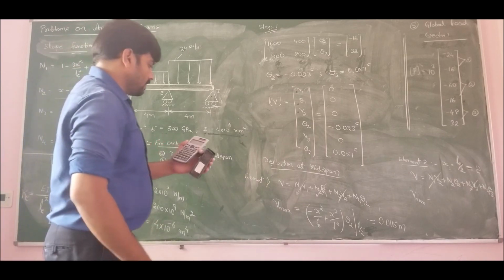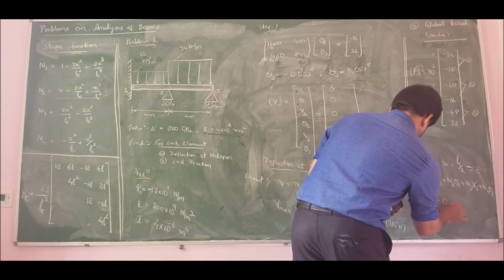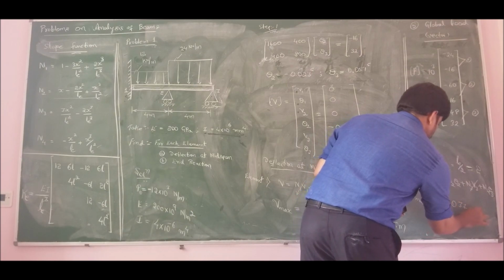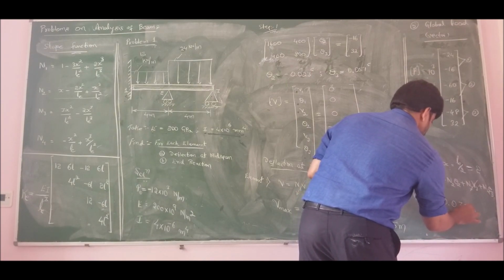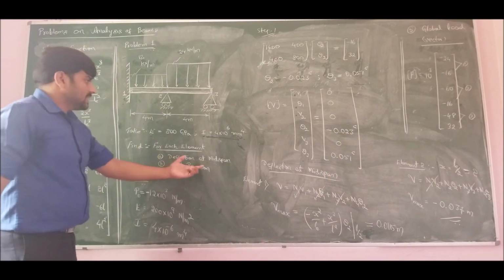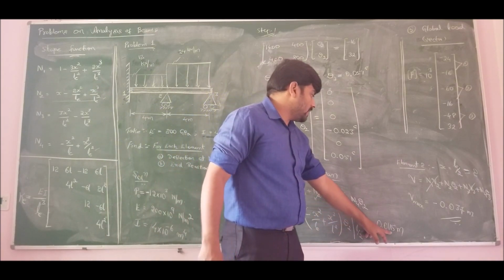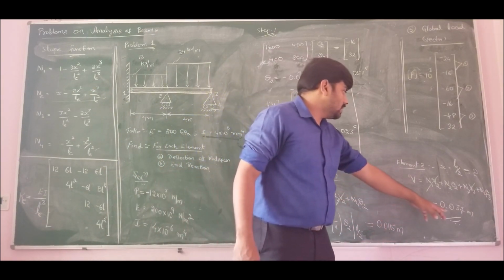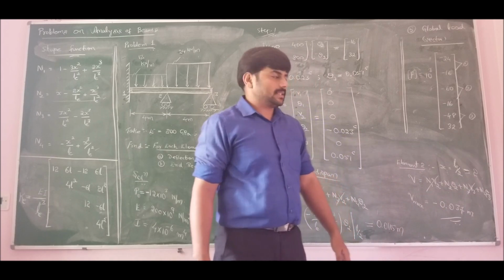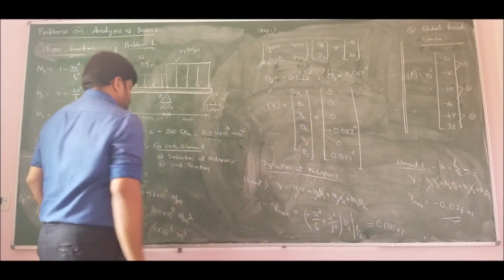So you will be getting minus 0.037 meters. Therefore, the deflection at midspan for element 1 is 11.5 millimeters and for element 2 is minus 37 millimeters. So now I have done the first thing what he has asked.